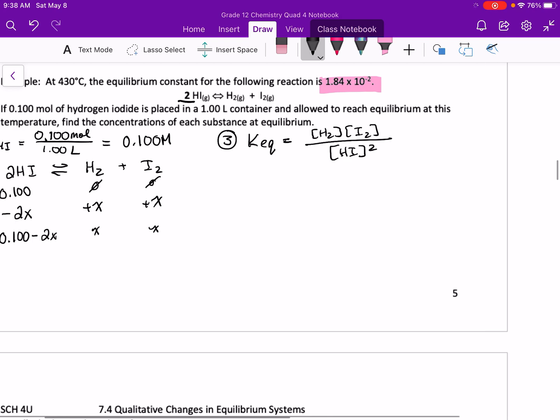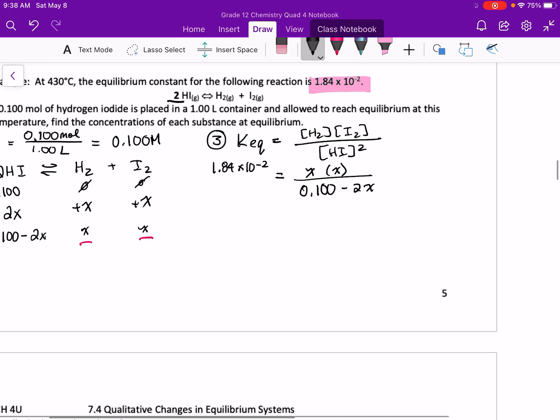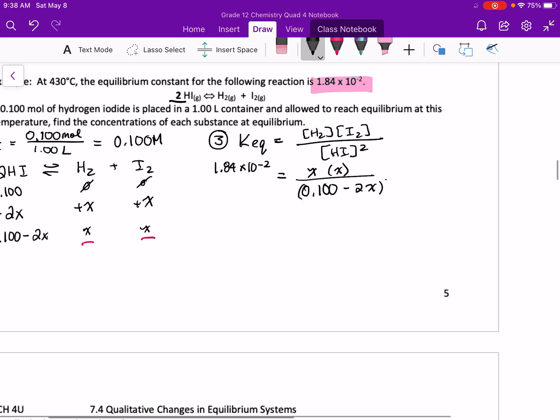From the question, I have 1.84 times 10 to the negative 2 is equal to my x times x from these values right here. Okay, so we can just get rid of that now that we see where we're coming from. Then we have over 0.100 minus 2x, and this is squared.